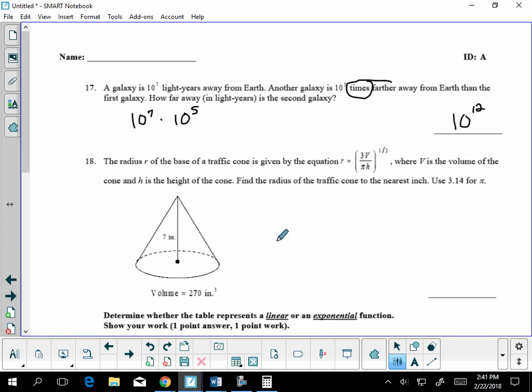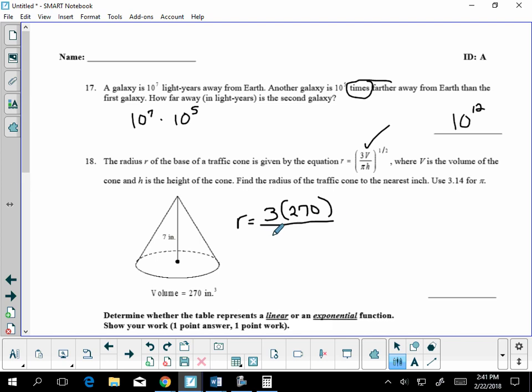On 18, I think I told you this in class, they're trying to confuse you with a picture that looks fairly in-depth. It's not. It's just a matter of plugging things into that formula. We're looking for the radius. They tell us the volume is 270.